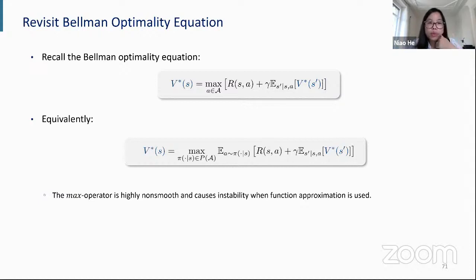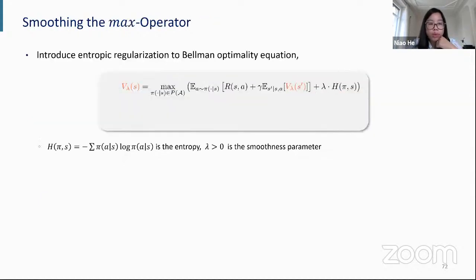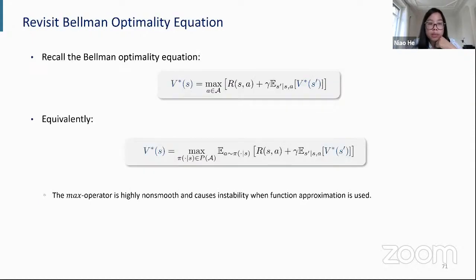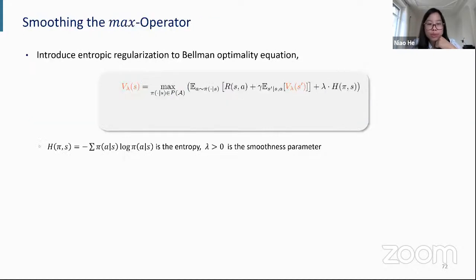Here I'm going to rewrite our Bellman optimality equation by using this policy pi. Instead of taking the maximum over a finite set, I'm going to take the maximum over the simplex set, over a distribution. So these two are equivalent to each other. Normally when you encounter something like a simplex set, a probability distribution, you think about using entropy.